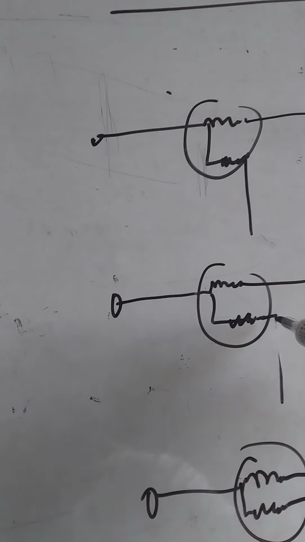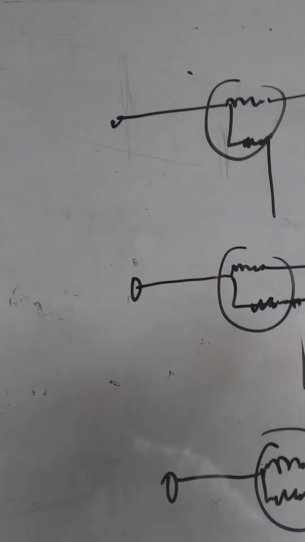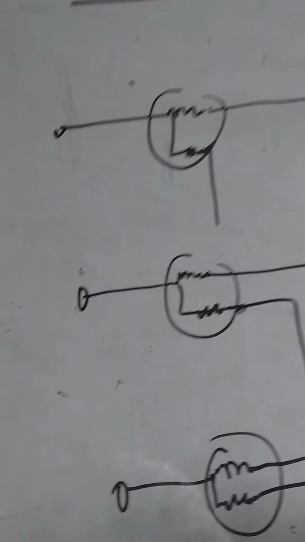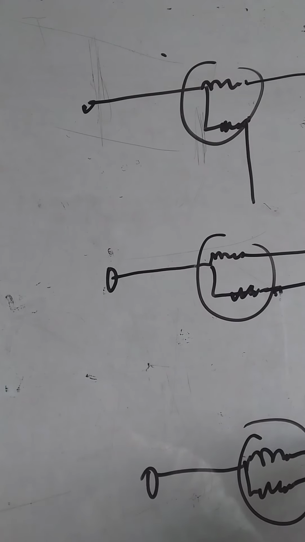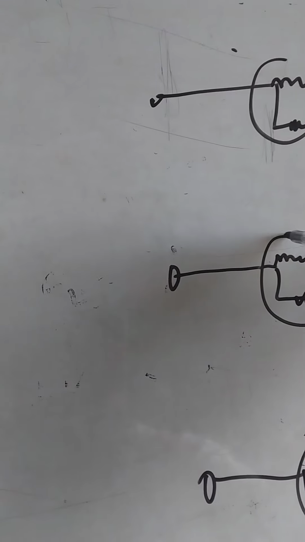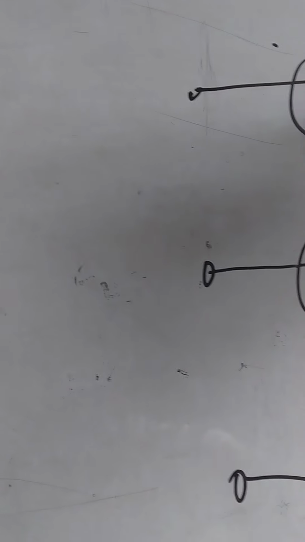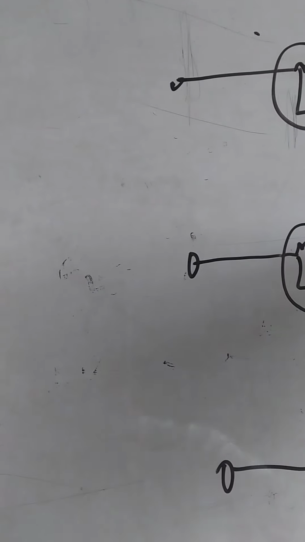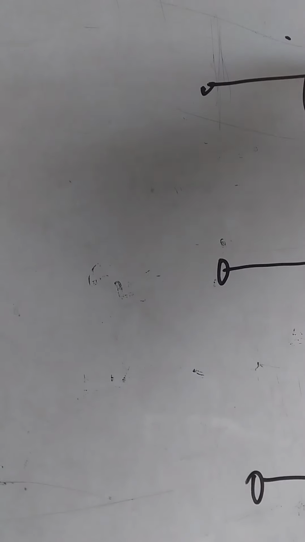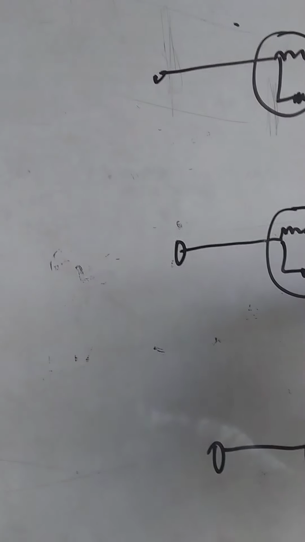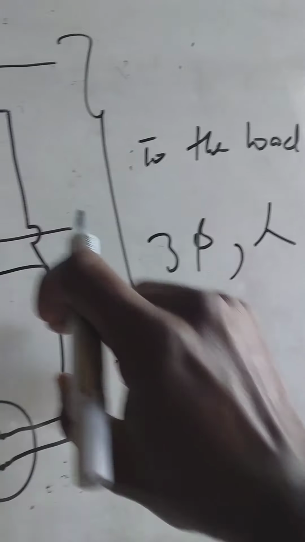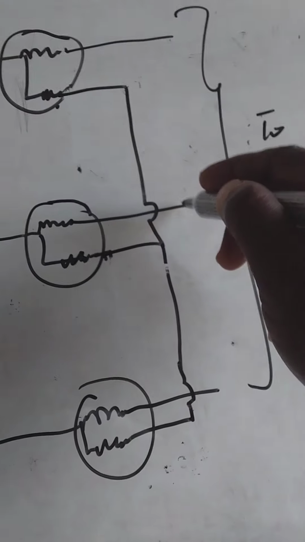What you do is connect the voltage legs of the coils to each other. When you connect them to each other, it forms something like a star.